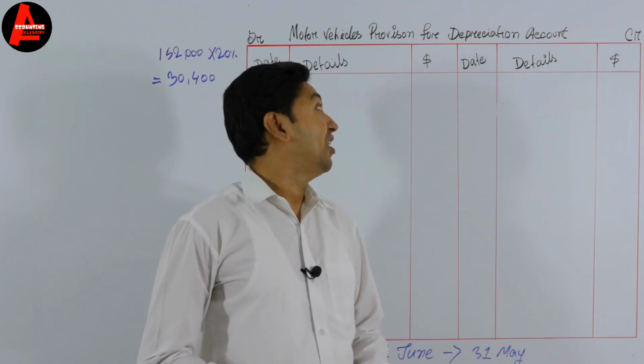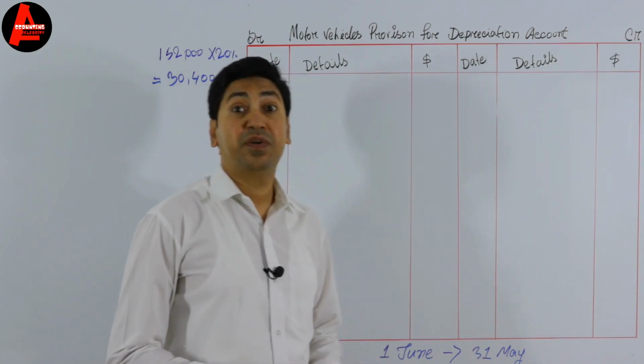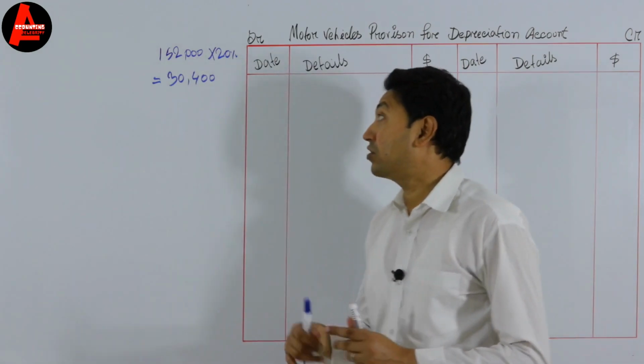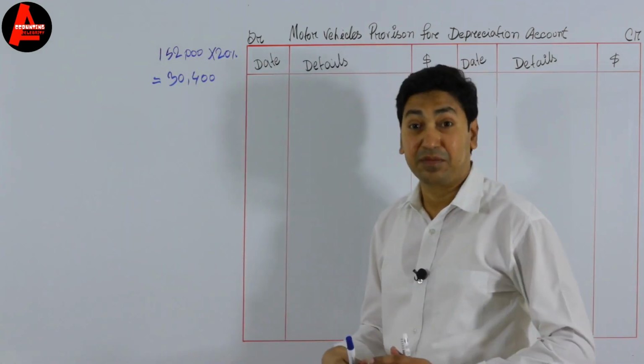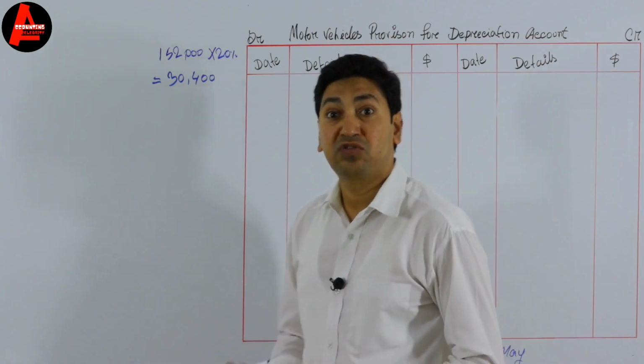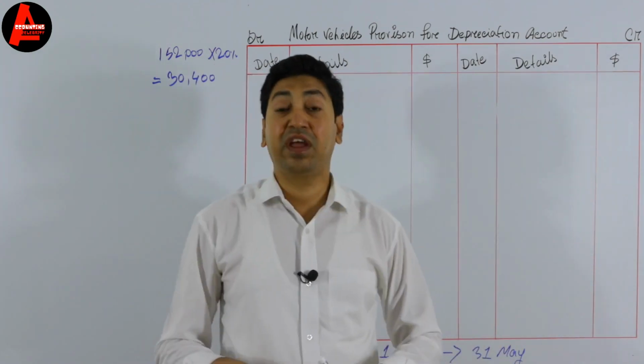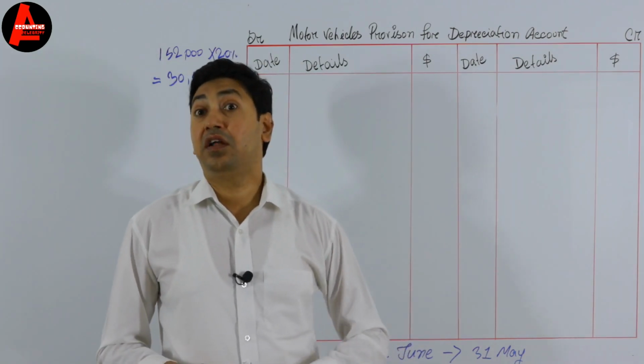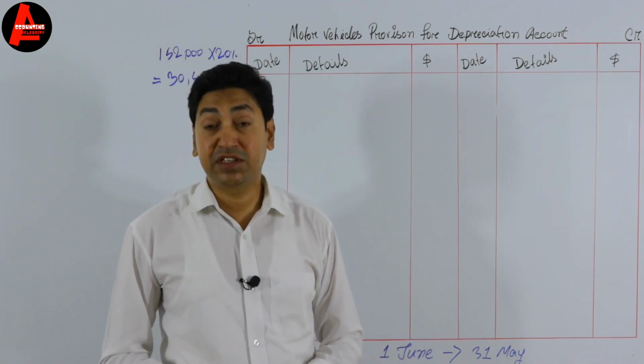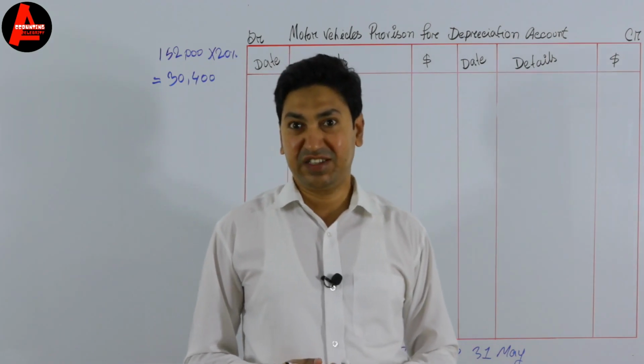Good. Now we need to transfer this depreciation to the income statement. How to transfer, what to write, where to write, debit side or credit side? When you transfer depreciation to the income statement, how do we generalize?